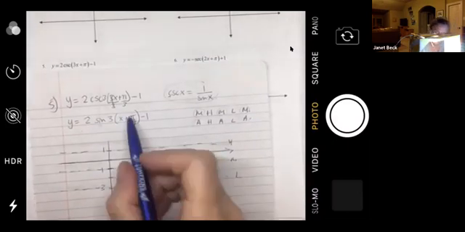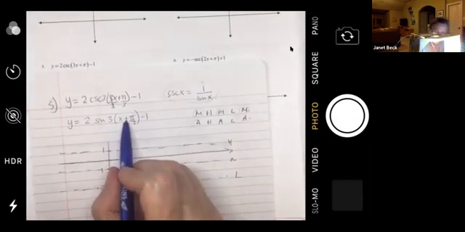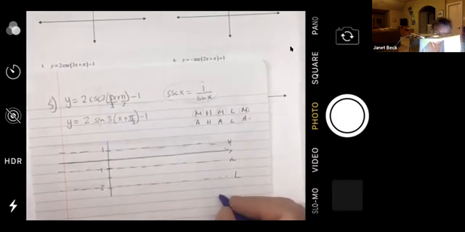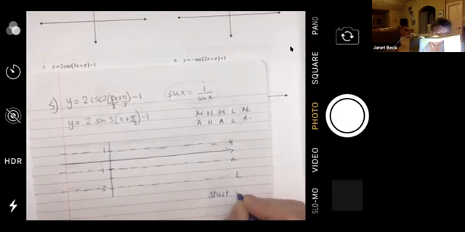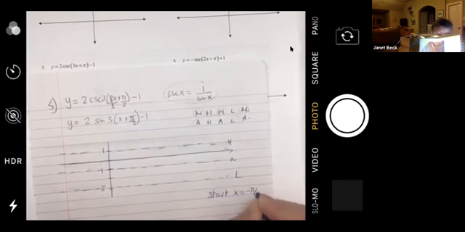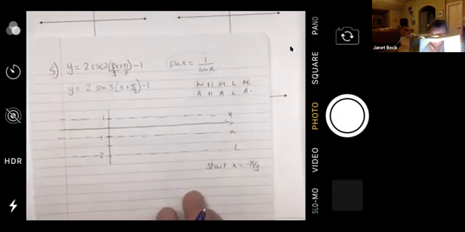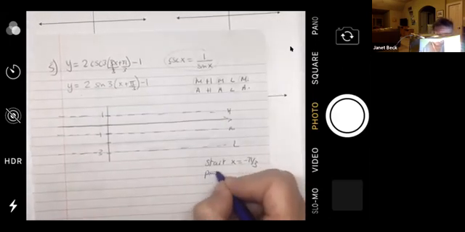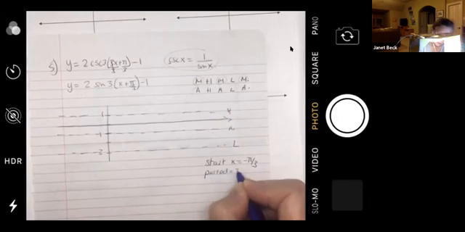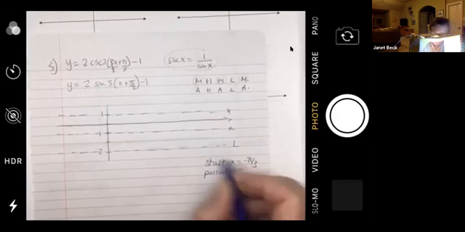My start, I've moved left pi by 3. The period is going to be compressed by 3. So the period is going to be 2 pi divided by b, and my b is 3.